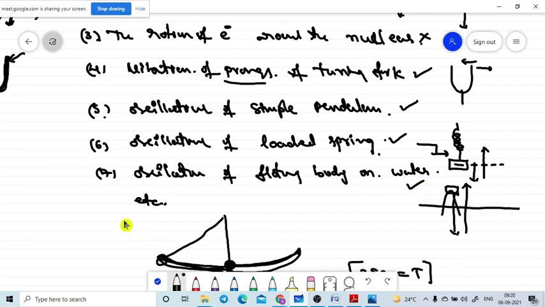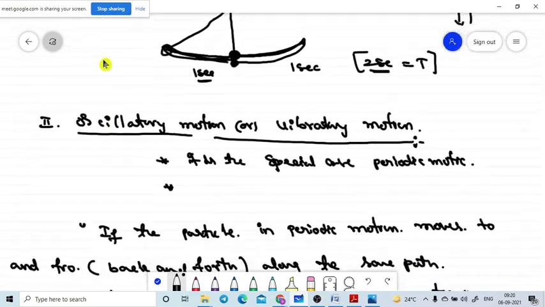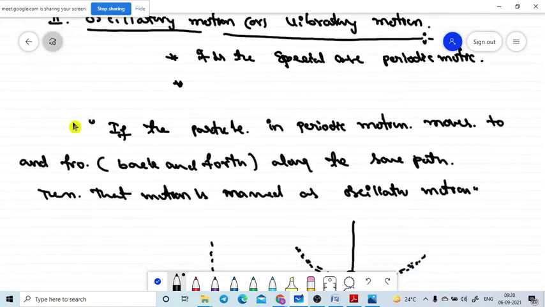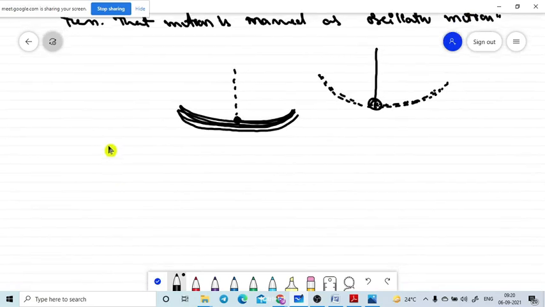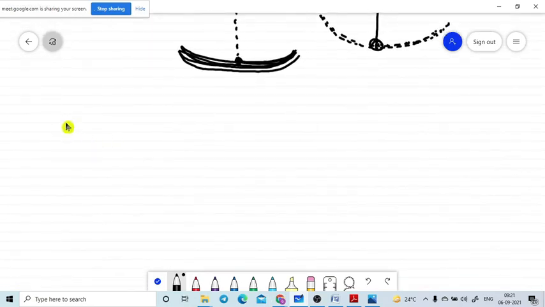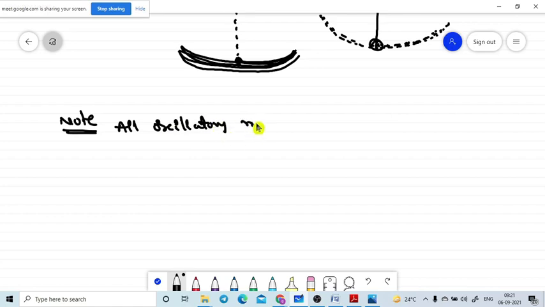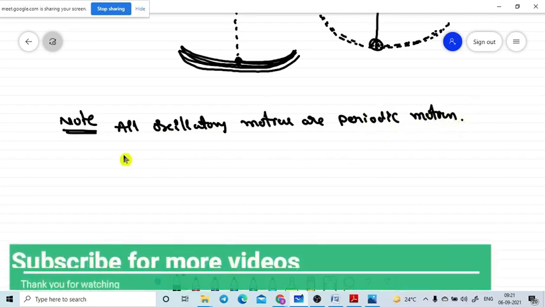Now what is our conclusion? All oscillatory motions are periodic motions only, but all periodic motions are not oscillatory motions. Let me note the conclusion. Note the important point here: all oscillatory motions are periodic motions, but the reverse case is not correct.